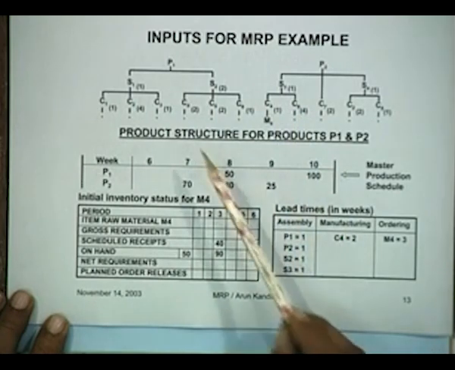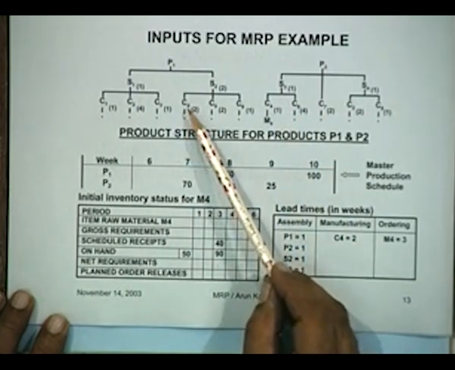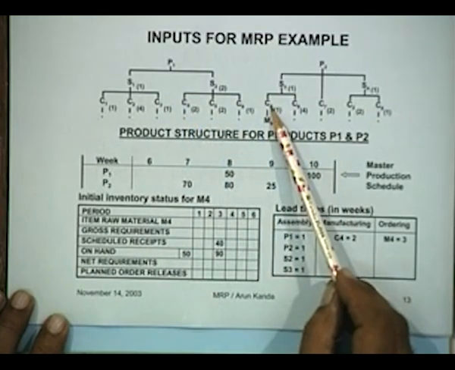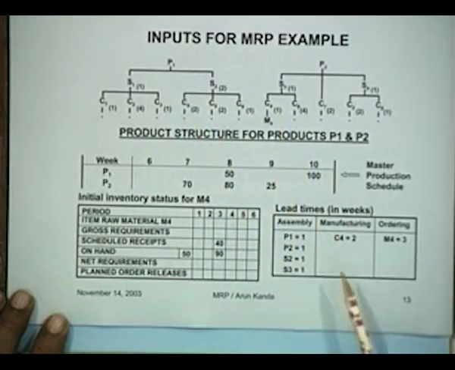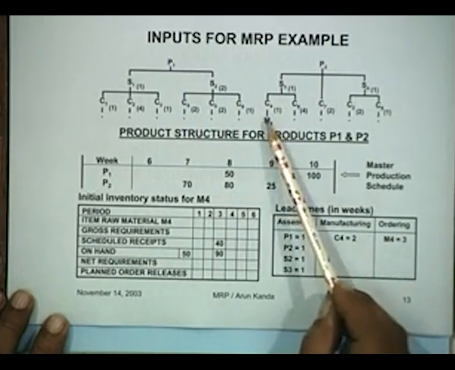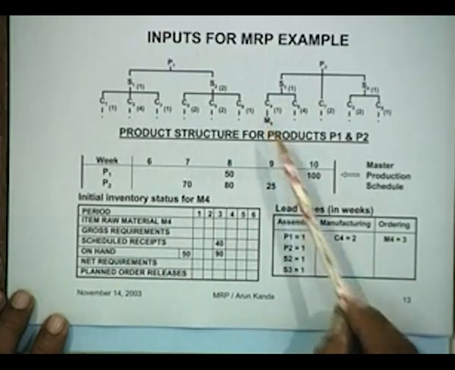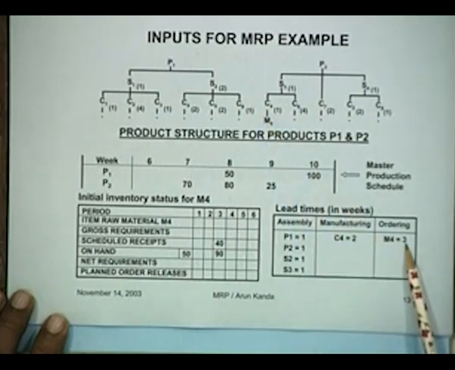Then as far as item C4 is concerned, which is required at 2 places, this has to be manufactured, and it requires 2 weeks to manufacture this item. And the ordering of M4, which is the item at the end, requires 3 weeks, because an outside vendor takes 3 weeks to supply this item.